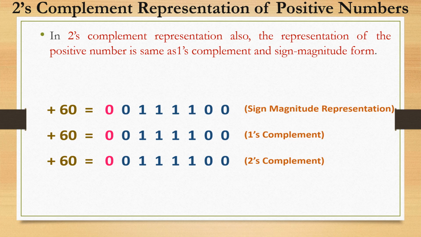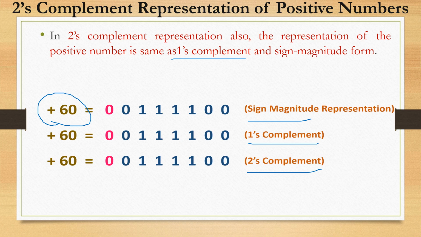Now in twos complement format, first we get the ones complement and we add 1 to the ones complement number and we get the twos complement. So here we look at how plus 60 is represented in sign magnitude, ones complement and twos complement number.